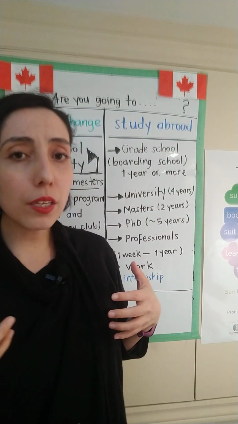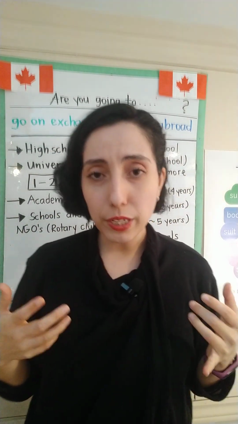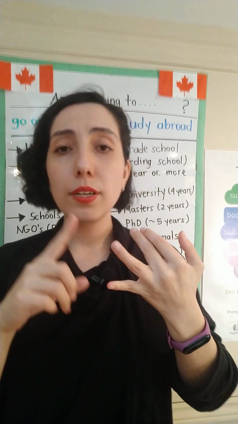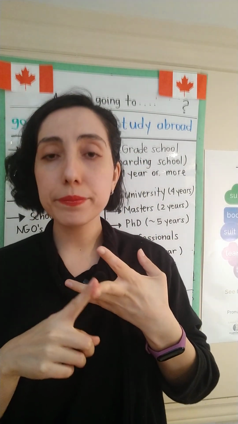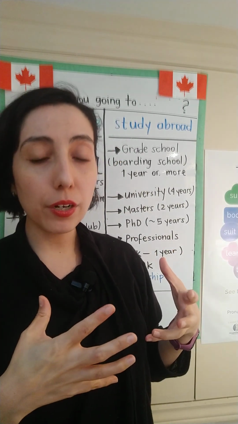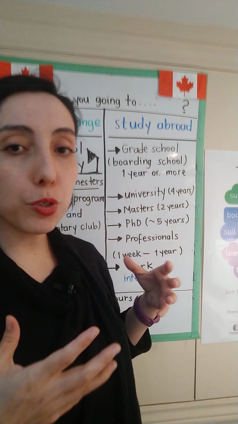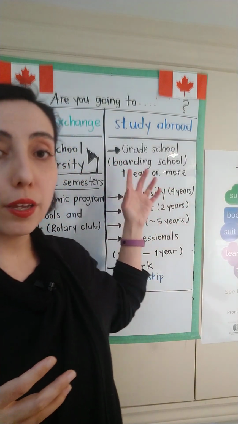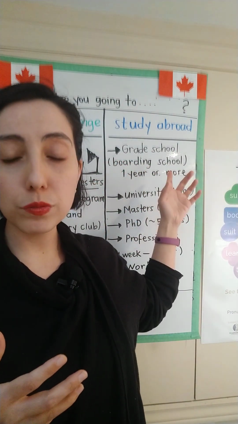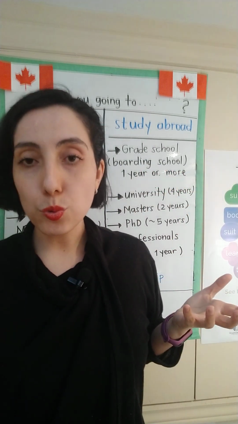Now, if you are a grade student, if you are studying elementary school, high school, junior high, and you want to study 1 full academic year in a foreign country, then you have different options, but the most popular one is a boarding school. Boarding schools are very popular. What are boarding schools?